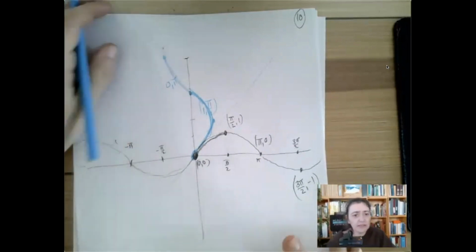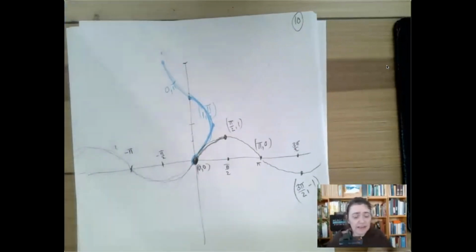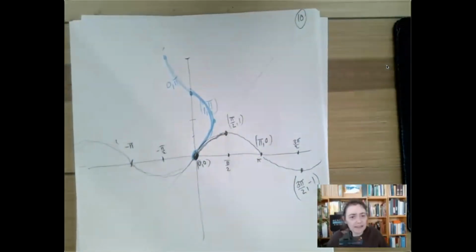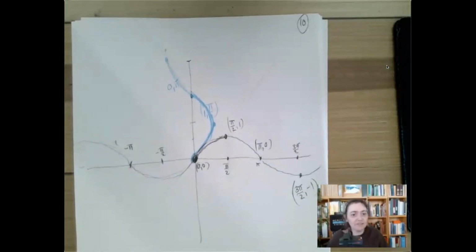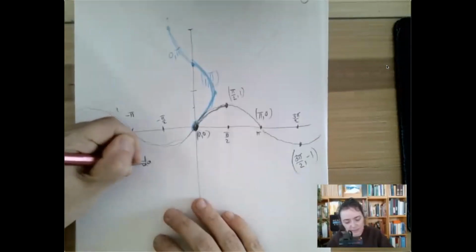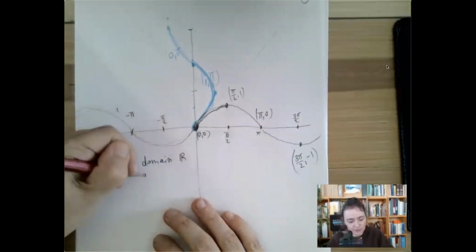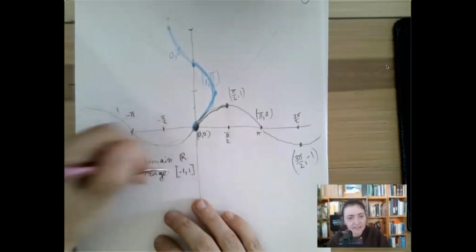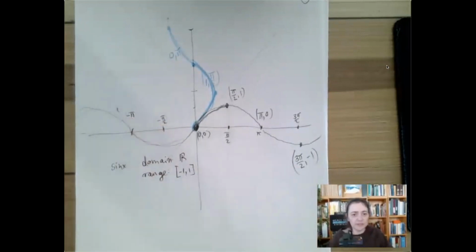Oh, and if they ask for domain and range, you literally swap them. Now, the domain is going to be between -1 and 1, right? And the range is going to be everything. For sine x, the domain is all real numbers, and the range is -1 to 1. Literally swap those two. The range becomes the domain.